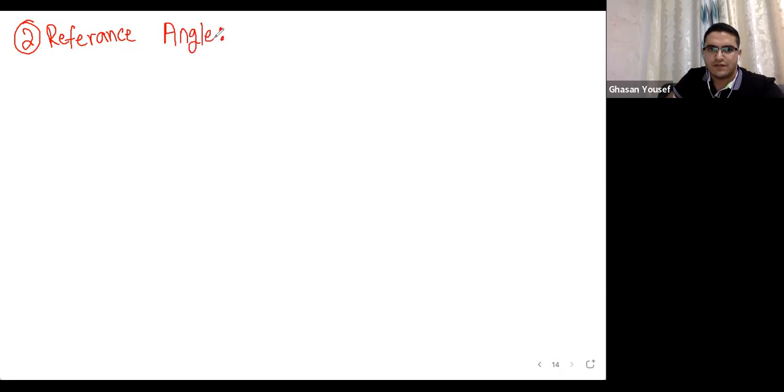What's the meaning of reference angle? Here it has a definition, and with this definition I'm going to explain what the reference angle means.